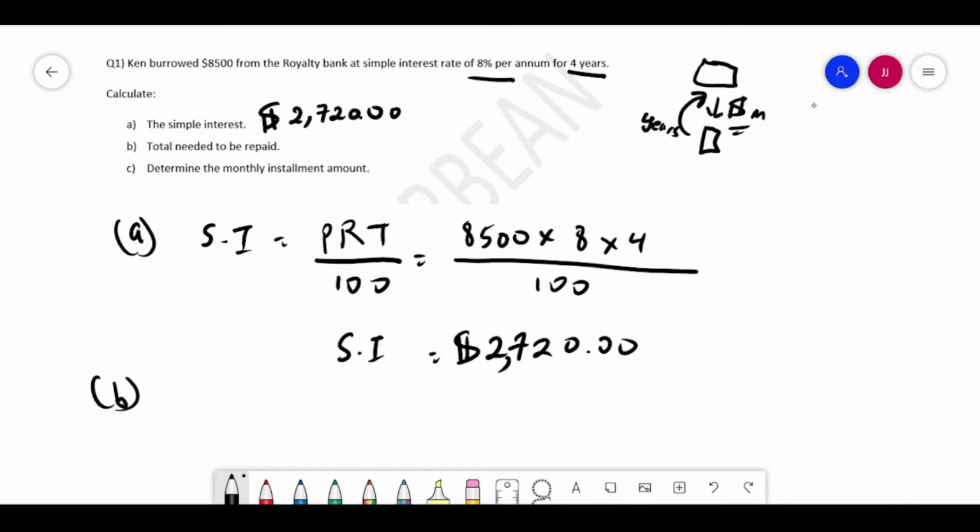Let's call this $M. When you go to the bank and you borrow money over time, based on the rate, you accumulate something called interest which you need to pay back to the bank. So let's call the interest $N.